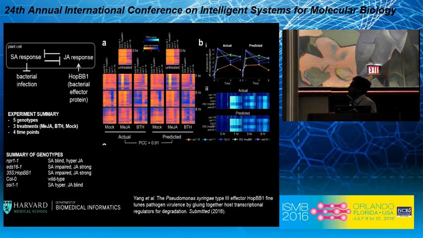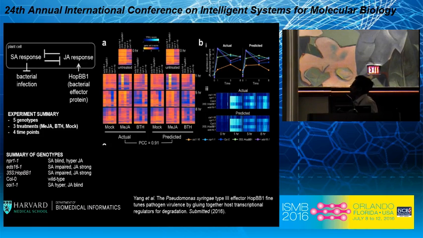Whereas HOPBB1, which is hypothesized in this paper to enhance the JA response or sustain it, we see in actuality that it has an initially slow response, but then it maintains a very high JA response here. And again, the prediction picks up this dynamic as well. And if you look across the different mutants, the ordering between predicted and actual are well preserved.